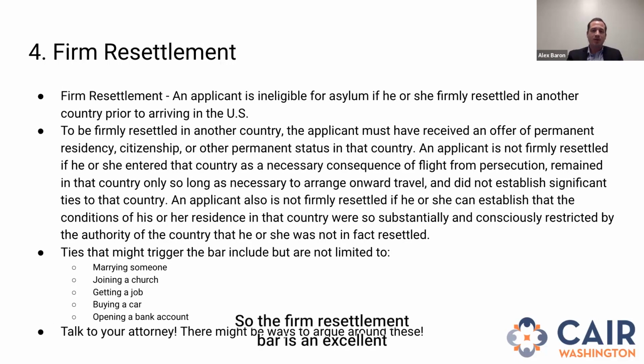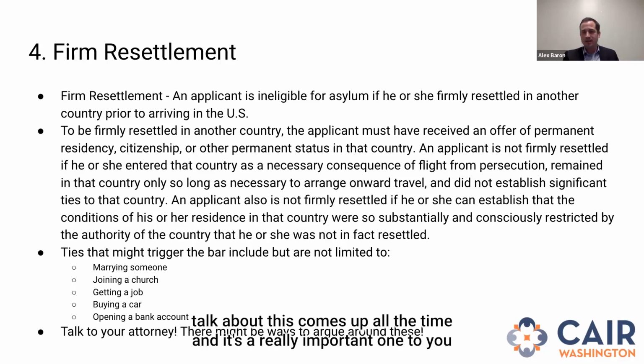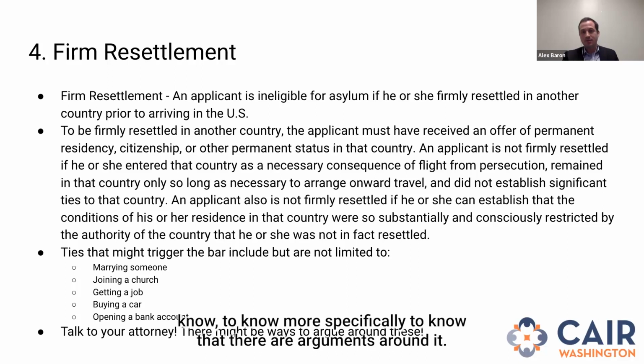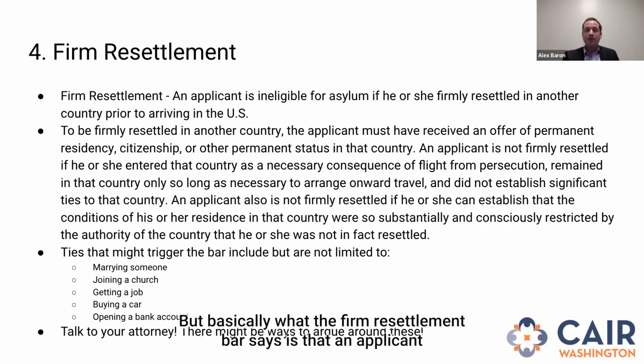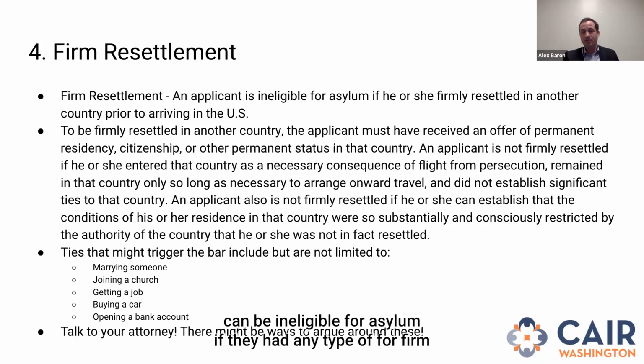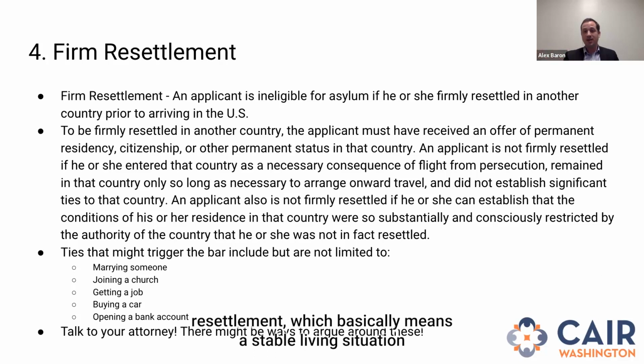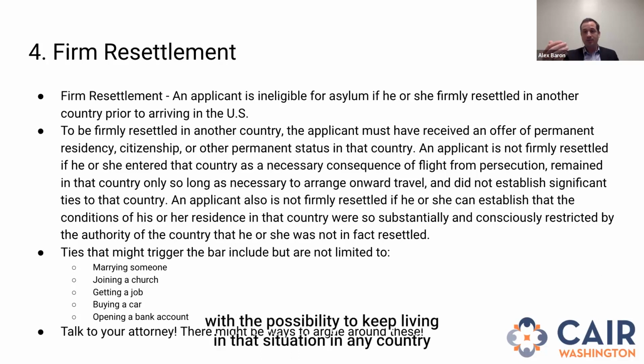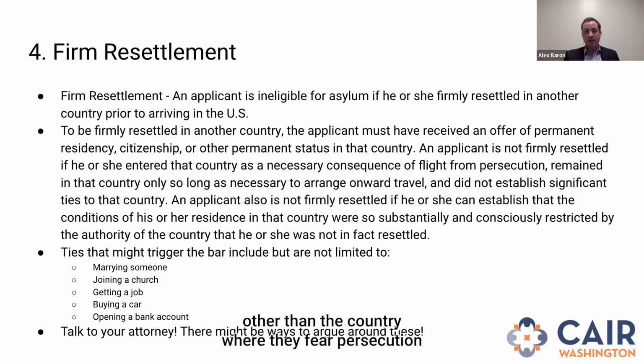So the firm resettlement bar is the next one we'll talk about. This comes up all the time, and it's a really important one to know, specifically to know that there are arguments around it. Basically, what the firm resettlement bar says is that an applicant can be ineligible for asylum if they had any type of firm resettlement, which basically means a stable living situation with the possibility to keep living in that situation in any country other than the country where they fear persecution on their way to the US.